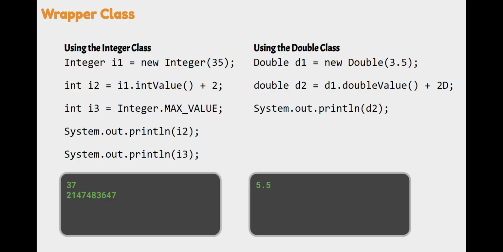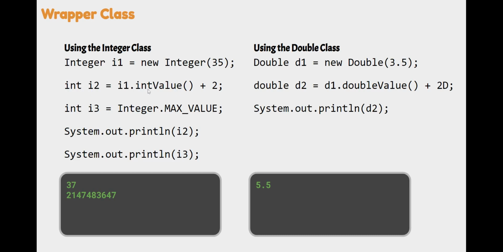On the left, we see an example of using the Integer class. We are declaring and instantiating an object from the Integer class called I1. We are calling the constructor and we are passing in the int literal 35. That 35 will get stored in one of the instance variables of that class. On line 2, we are declaring and initializing an int variable called I2.